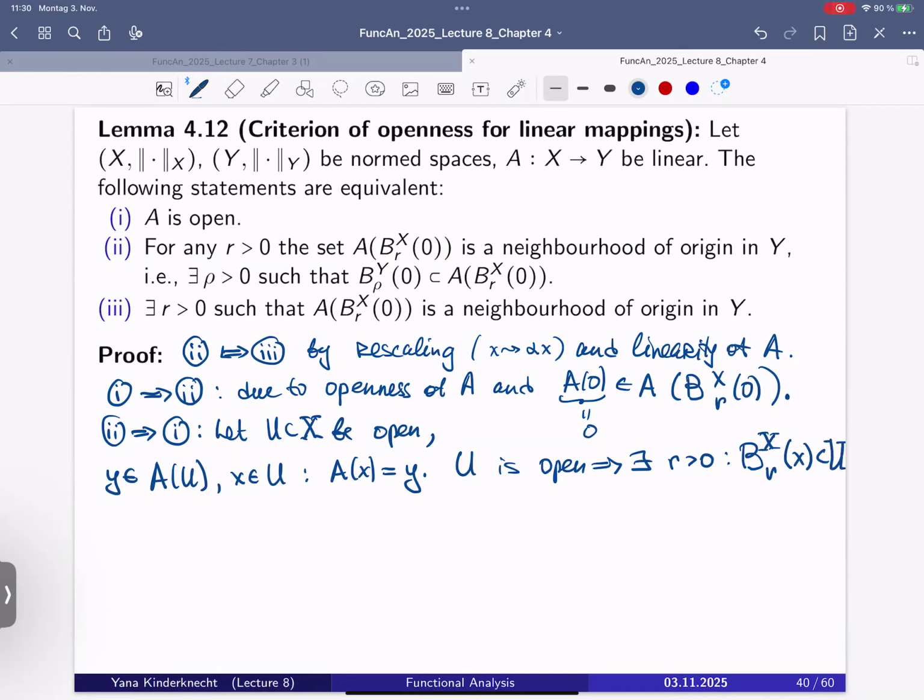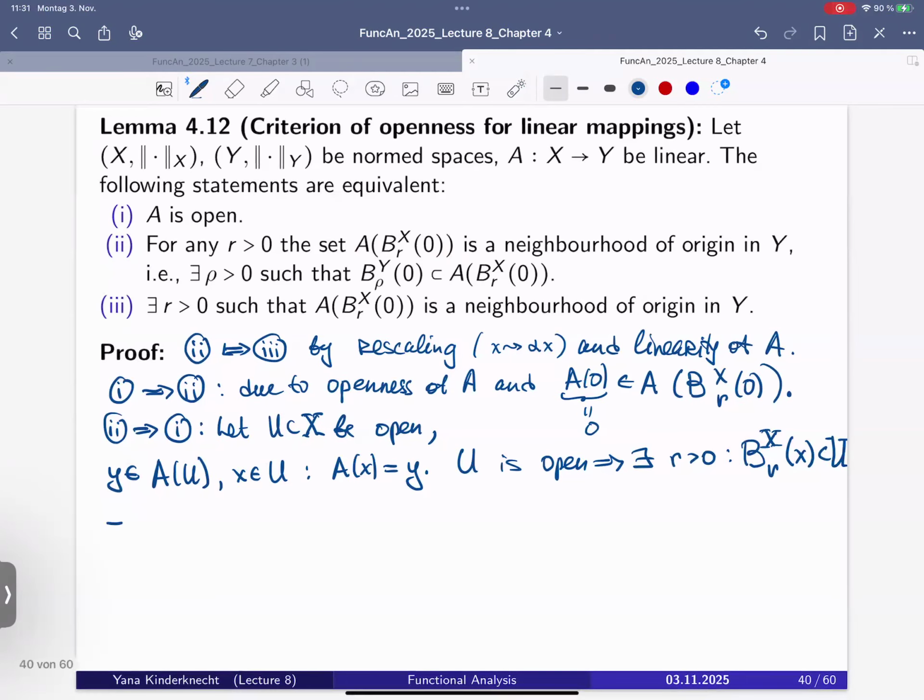U is an open set, x is a point in this U, so there is even an open ball around x which is inside U. Now we use this assumption 2, that A of this open ball, this is R, is, of course, a subset of the space Y and is an open set.